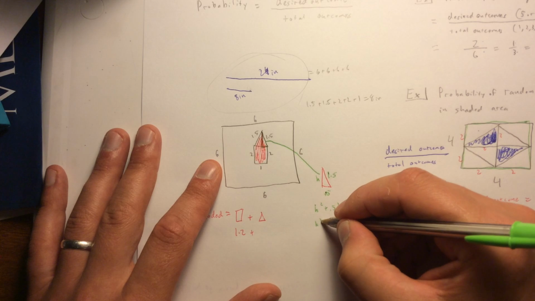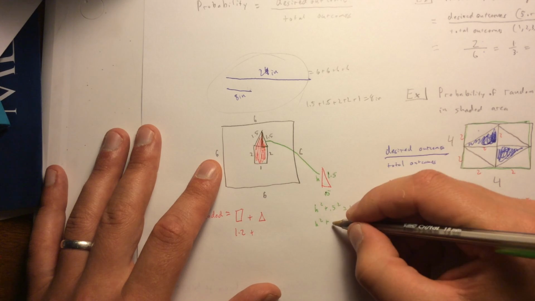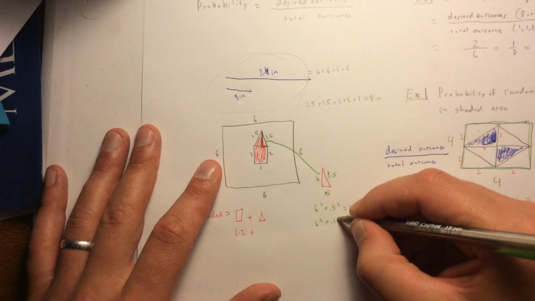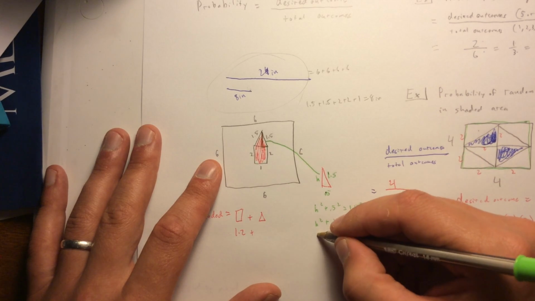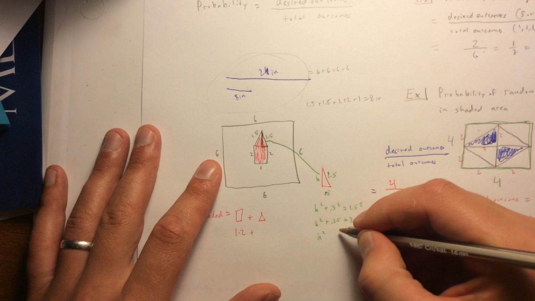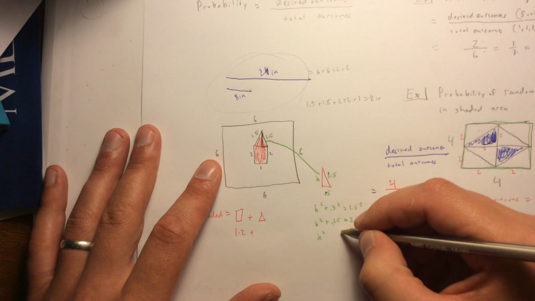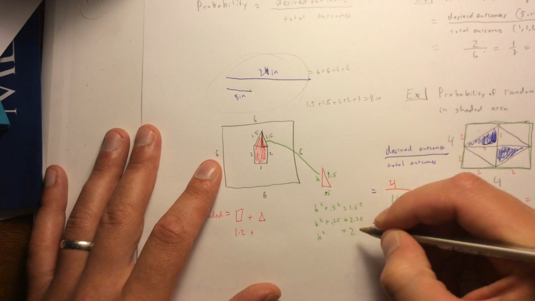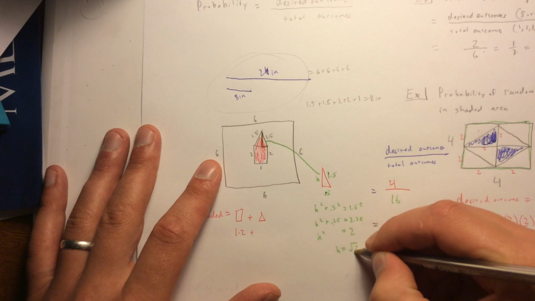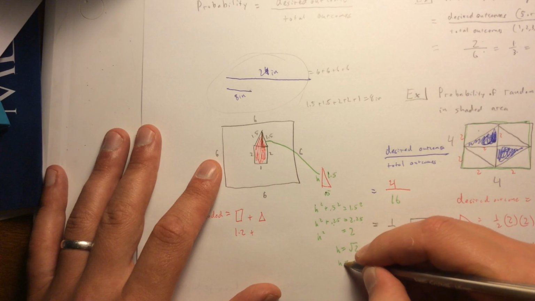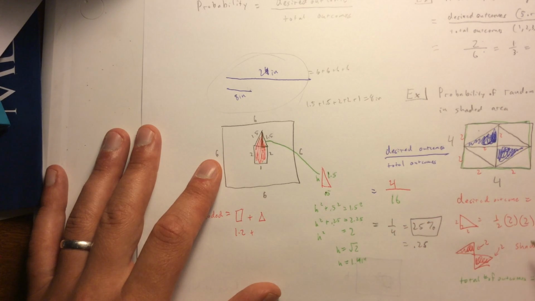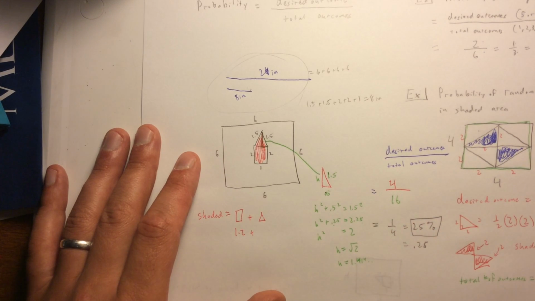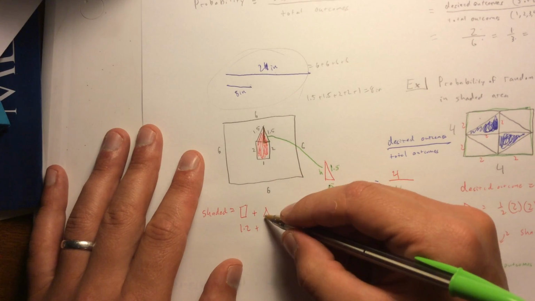So h squared plus 0.25 is 2.25. Subtract that from both sides. It's going to be 2, so h is the square root of 2, which is like 1.414 something, and it goes on forever.